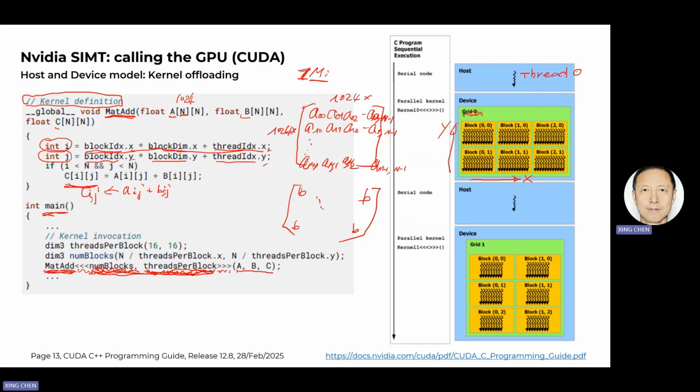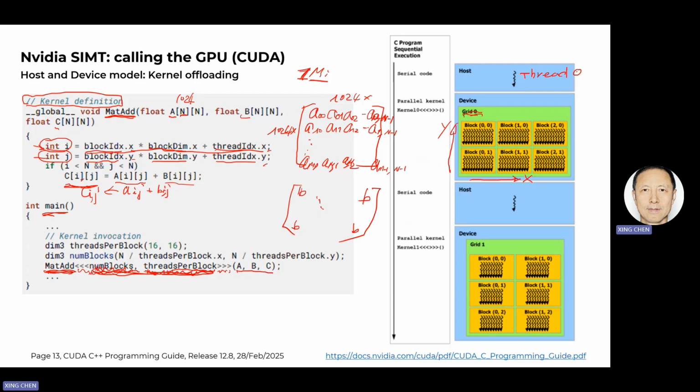Each thread is going to work out its own I and its own j, and then find the A element with I and j as the index, and the B element with I and j as the index, do the sum of these two elements, and put the final result in matrix C in the corresponding position.